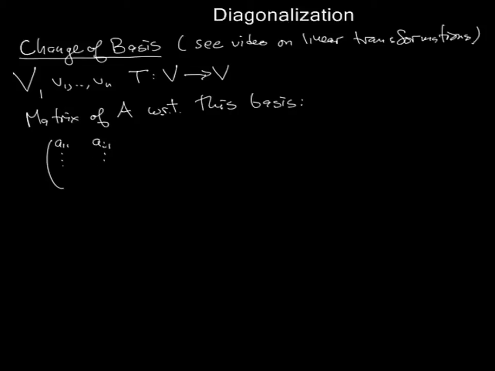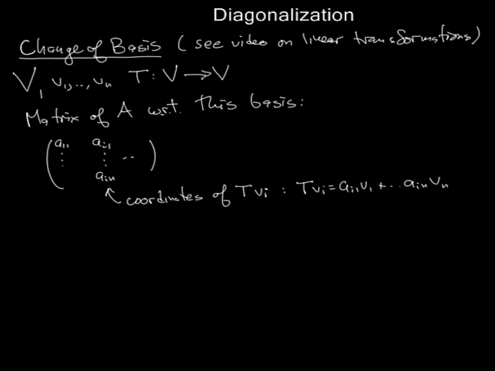And what you do is, for the ith column, you put the coordinates of T applied to Vi, and by coordinates I mean the coordinates with respect to this basis. So that is to say, you write it like this. Okay, so that's the notion of the matrix with respect to a basis.